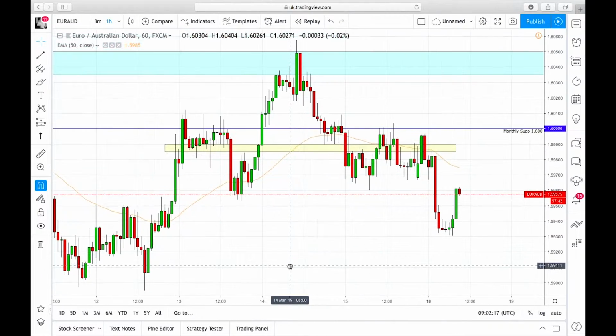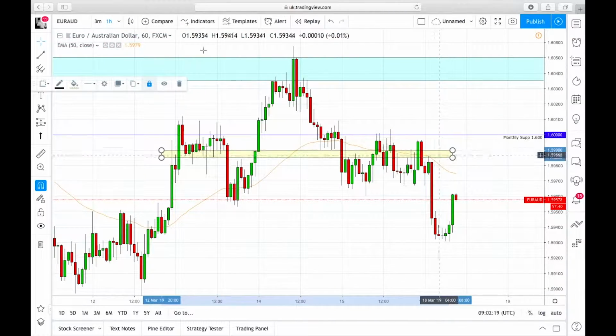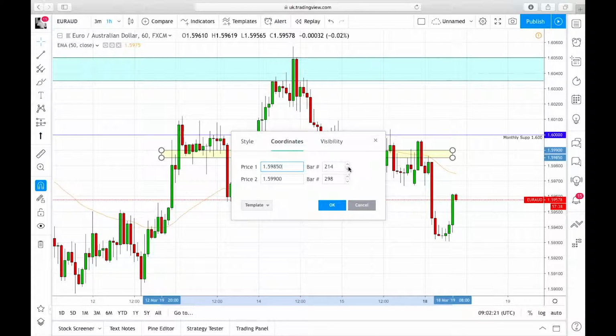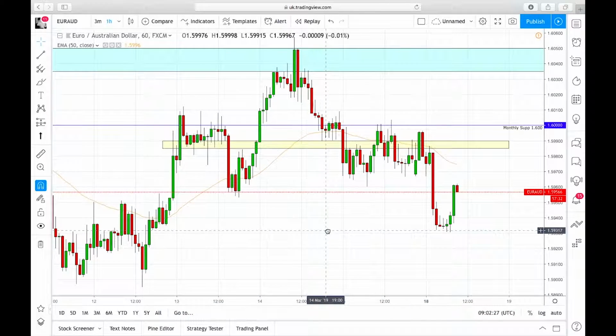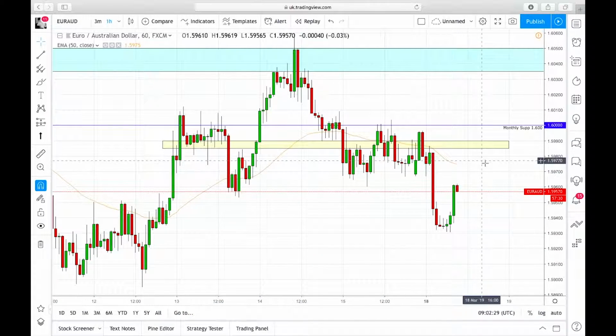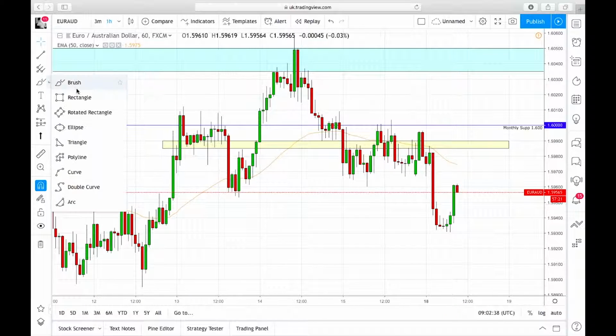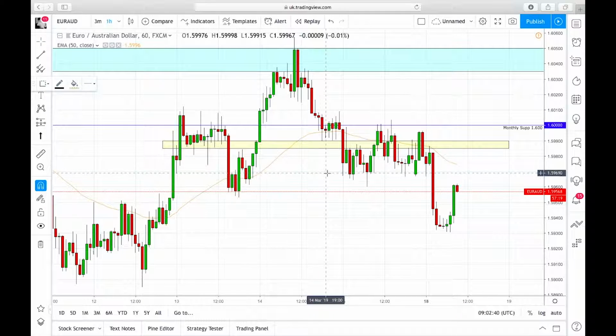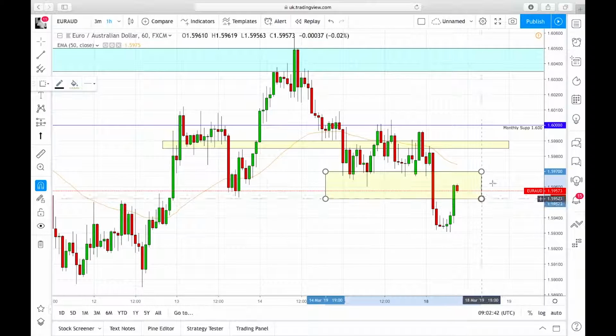If we have a look on the lower time frames here, if I was looking for an entry, as I say, my preferred entry would have been on the market open, which I didn't quite establish. So maybe we come back up and we form some sort of lower high, which could come around 1.59700, or any area of support that coincides with this previous build up of price.